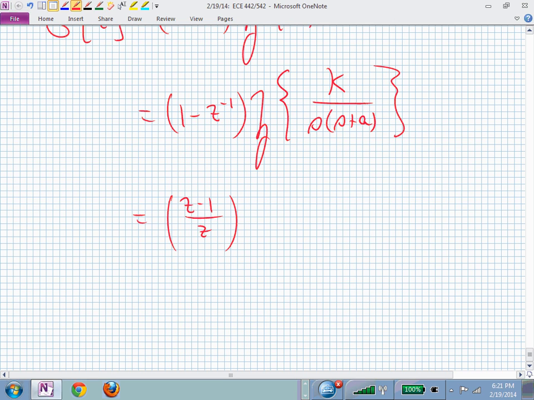Now, what's the partial fraction of k over s times s plus a? Something over s plus something over s plus a. And you can find what that something is. Well, that something, in this case, if I just find it, is actually k over a over s minus k over a over s plus a.